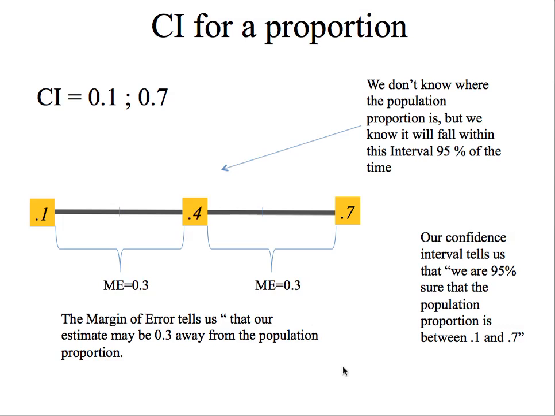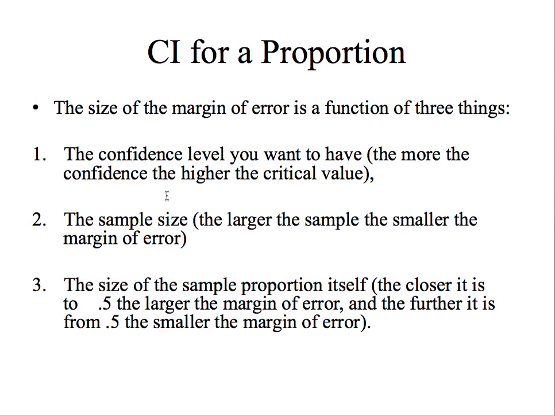We can reduce this. The size of the margin of error is a function of three things, and you can figure this out when you look at the formula. One is the confidence level you want to have. The more confidence, the bigger the margin of error.